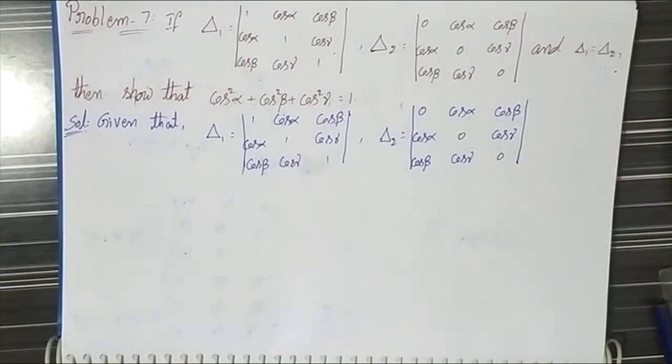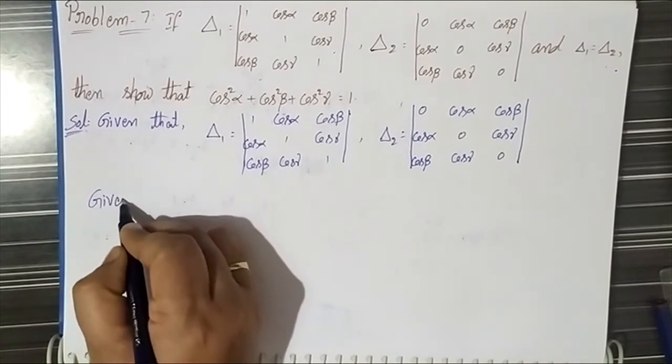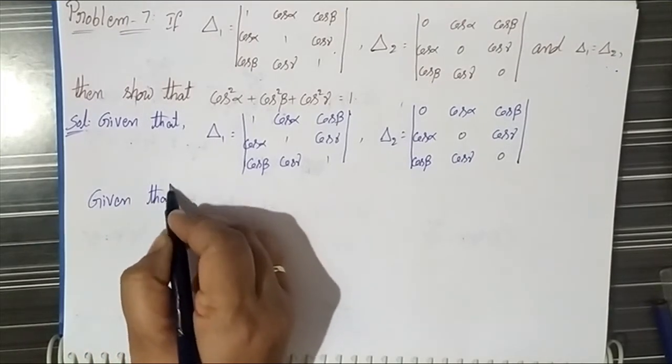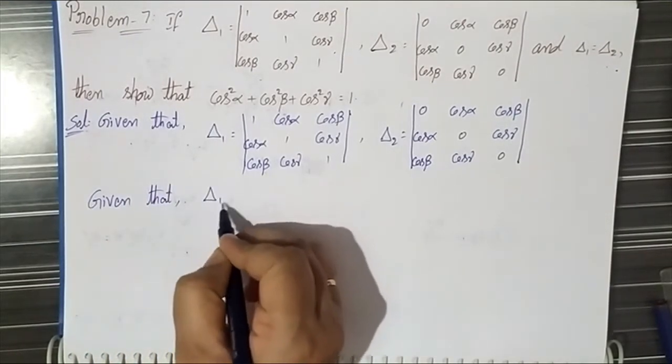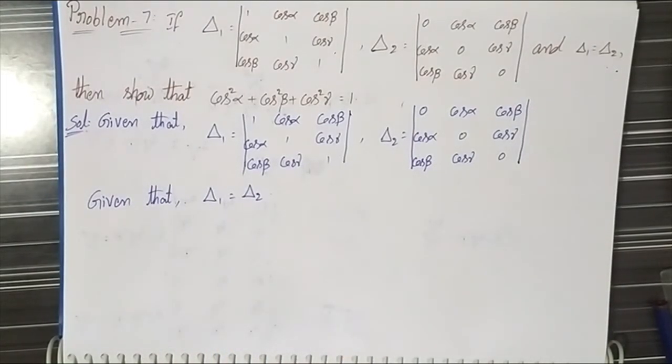These are the given delta 1 and delta 2 values, and the condition is that delta 1 equals delta 2.